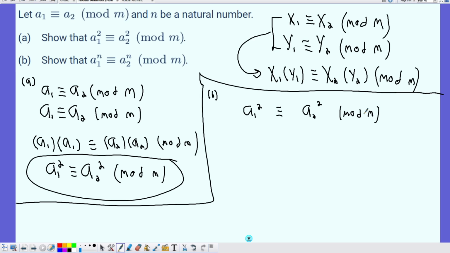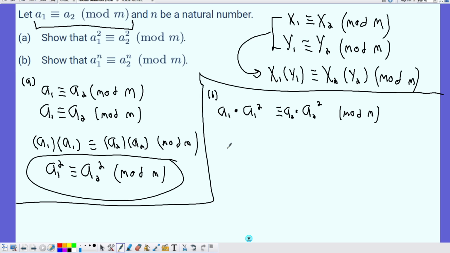And I know also that a1 is congruent to a2 mod m. So again, their products are going to be congruent as well. For instance, if I multiply this by an a1 and I multiply this side by a2, the products are going to be the same as well.